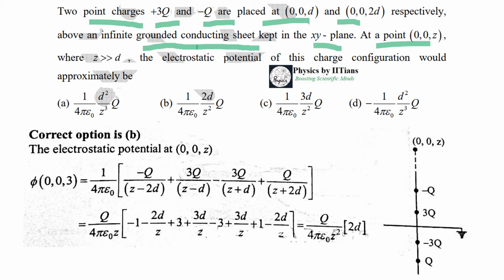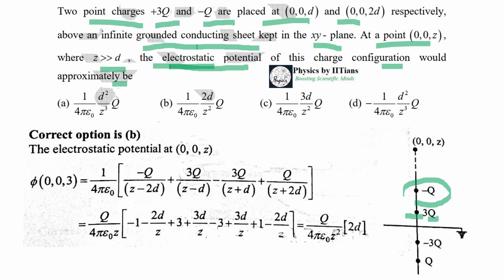At a point 0,0,z, where z is greater than d, the electrostatic potential of this charge configuration would approximately be how much? So there are two charges. One is plus 3q, located at 0,0,d, and another charge is minus q, located at 0,0,2d. What you have to find is the electrostatic potential of this charge configuration.